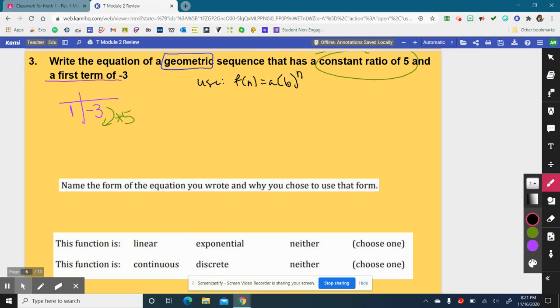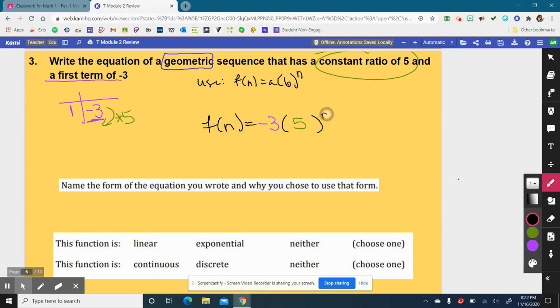My a value is my start number. In this case, my start number is this -3. So I'm going to write that -3 times our constant ratio, using the vocab word. That constant ratio is what we multiply by, that 5.